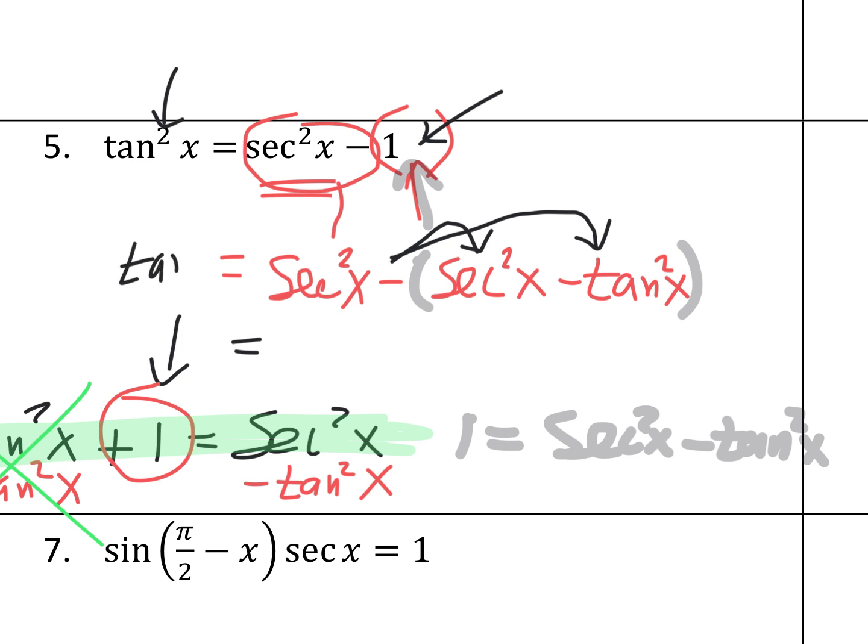So at the end, you look through your proof and you go, did I just leave one side alone? Yes, I left the tangent alone. And when I did this cancel here, I'm left with negative, negative tangent, which is tangent.